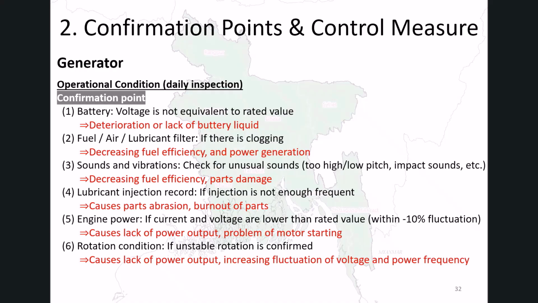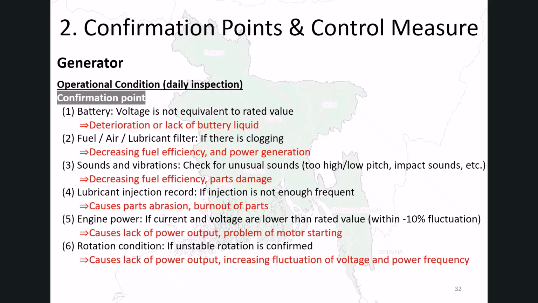Fifth, engine power. If the current or voltage is lower than the rated value, the generator may not be producing sufficient power. This condition can lead to motor starting problems and equipment malfunction. Normally, voltage and current should be maintained within plus or minus 10% of the rated value.